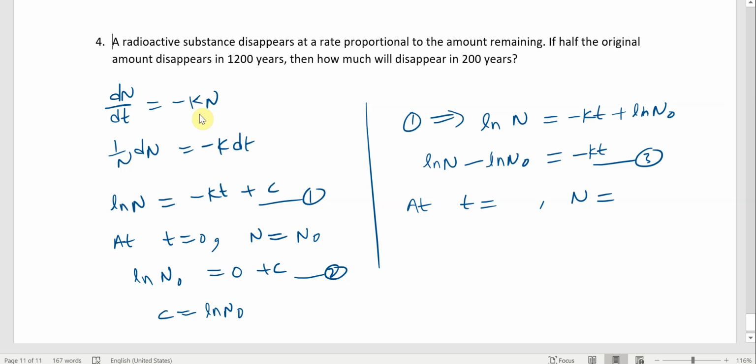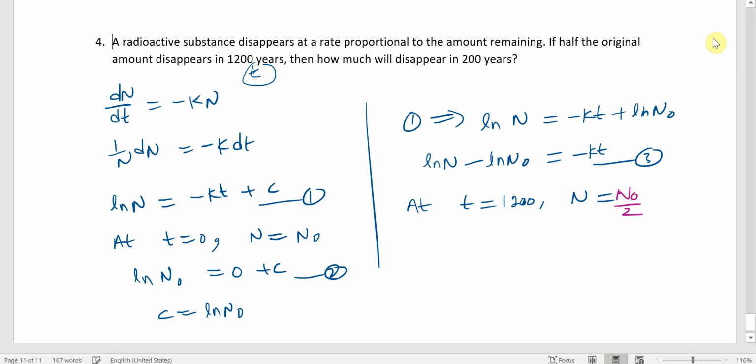If half the original amount disappears in 1200 years, this is time clearly. So time 1200 years, 1200. Half the original amount disappears. The original amount is n naught. Half means divide by 2, so this will be n naught divided by 2.